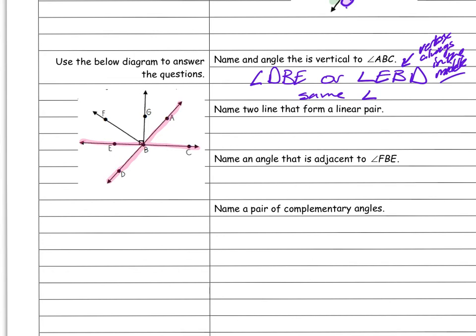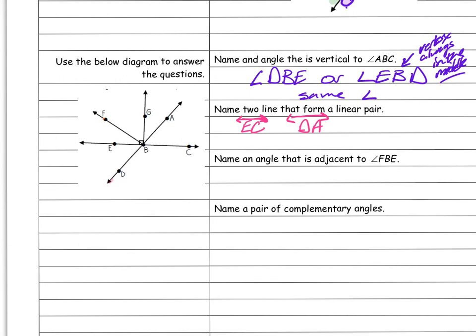My lines would be line EC with a little line over the top of it, and line DA or AD. Just write the 2 points on the line with a line over the top of it. Okay, and then let me erase my highlighting here.